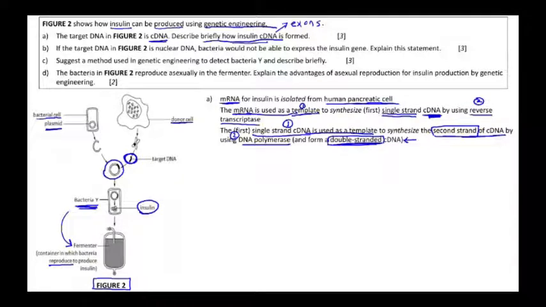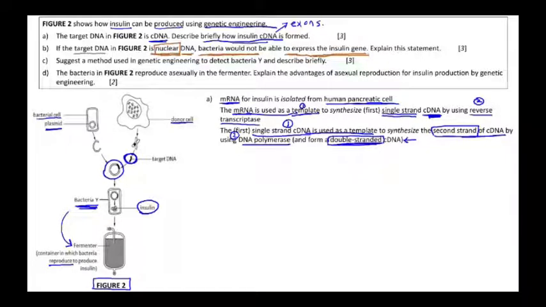The second question asks, if the target DNA in figure 2 is not cDNA but nuclear DNA, the genomic DNA, original DNA, why can't the bacteria express the insulin gene if nuclear DNA is used? Explain this statement.